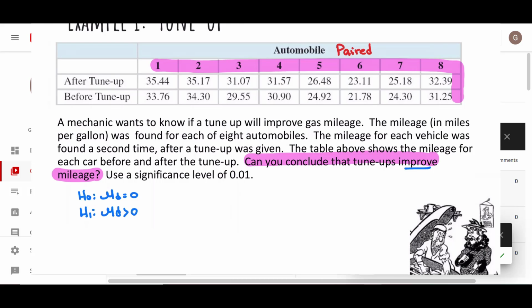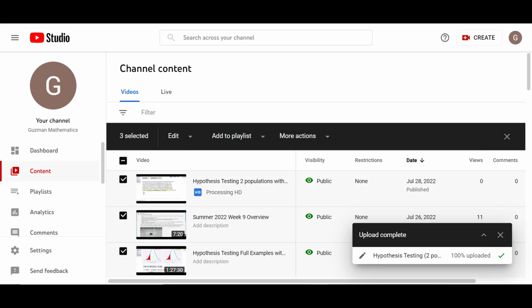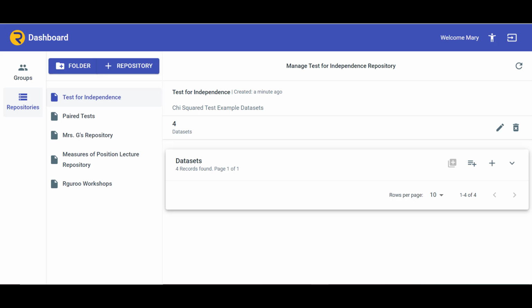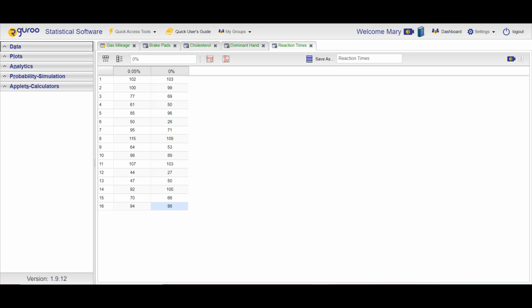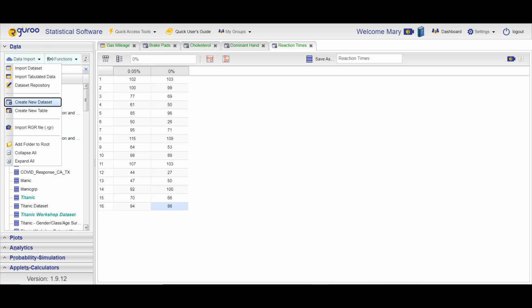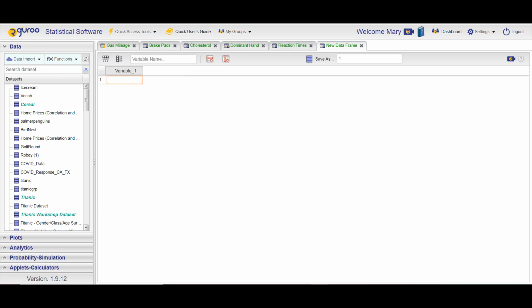Okay, so let's go back and relearn how to put in a data set. Okay, here we go. So we would go to the data tab, data import, and you would do create new data set.